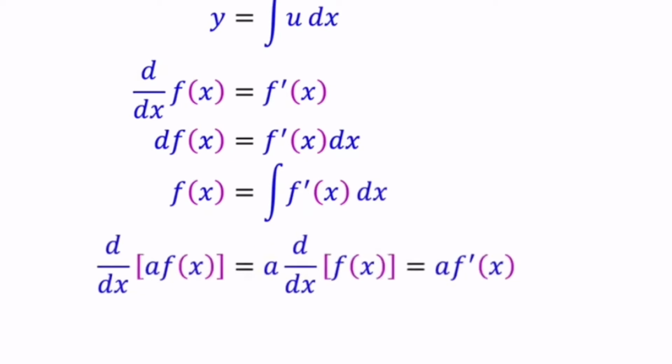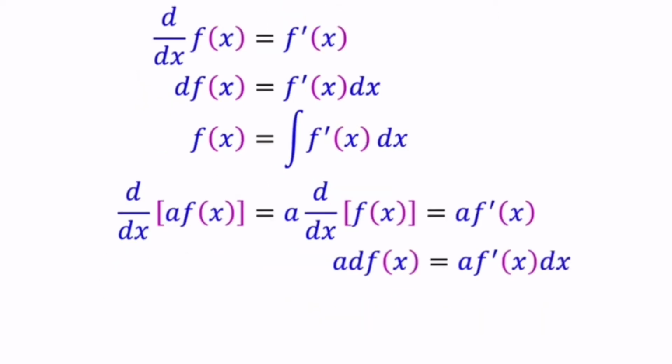If there is a number in front of the function, let's say the number is a, the a can be any number, for example 1, 2, 3, or 1 over 2, and the constant you can just factorize and multiply by the differentiation of f(x). In short, you can write it as a multiplied by f'(x).